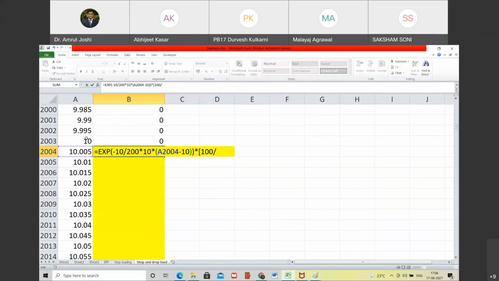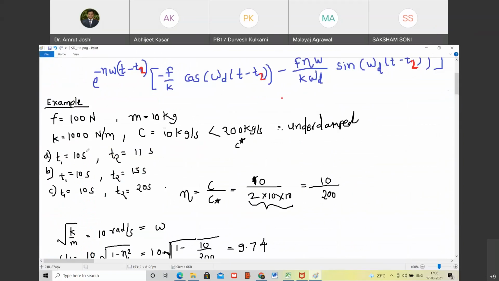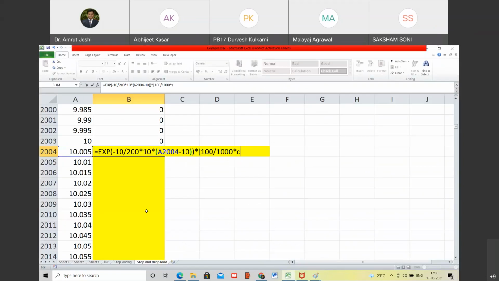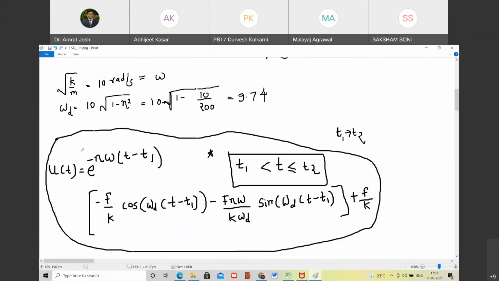K is 1000 Newton per meter, so divided by 1000, multiplied by cos of omega d, which is 9.74, into t minus t1. In bracket I have t minus t1, where t1 is 10 seconds. This bracket is complete.